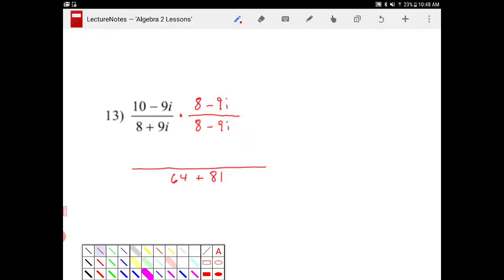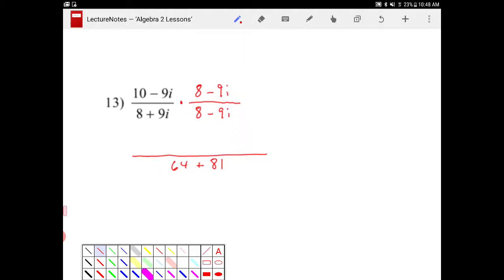And then the numerator is 10 minus 9i times 8 minus 9i. And if we FOIL this out, this becomes 80 minus 90i minus 72i plus 81i squared.